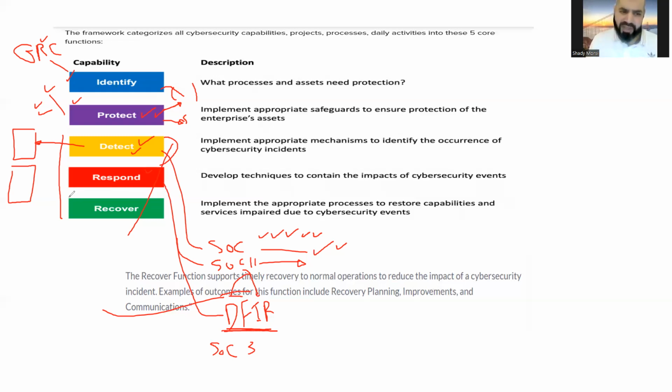And that's why you now find new jobs saying we need a cyber resilience analyst, or a cyber resilience manager. What they really want is someone who understands risk, protection techniques, detection, responding, and recovery. If you understand all these topics, then you are a cyber resilience manager or cyber resilience engineer.